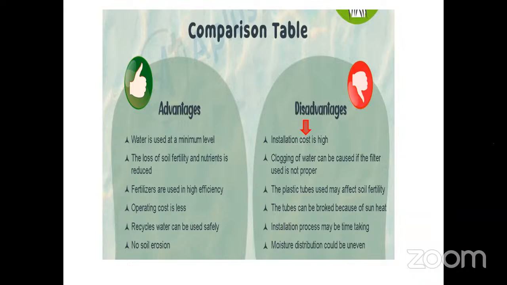I can say, for example, one roll of flat drip lines, 2,000 meters, 30 centimeters apart, in Zambia, in some companies, and I will not mention the names, it can reach up to 4,500 kwacha.